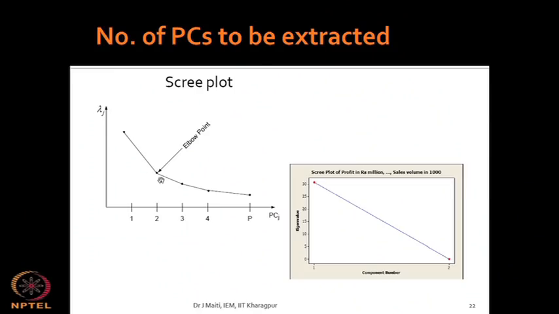So, this elbow point, you find out the point where you get this type of 90-degree angle, and that is the best one. So, you are finding out where this elbow lies. You take the number of principal components up to that elbow level. Okay, this is the visual one.